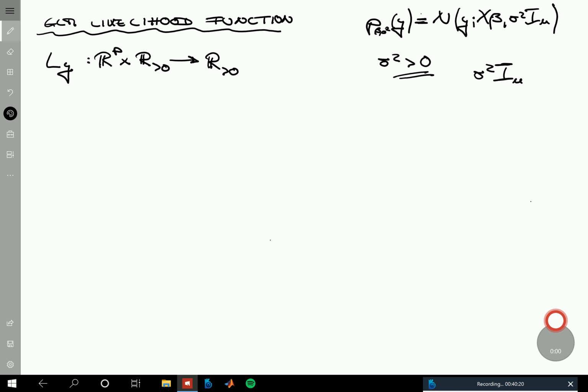Sorry, this was completely wrong. Now I cannot even erase it. What's going on? Sorry, that was completely wrong. Of course we assign to our parameters, that's why we established a parameter space in the first place, our beta and sigma square a value of the likelihood function.